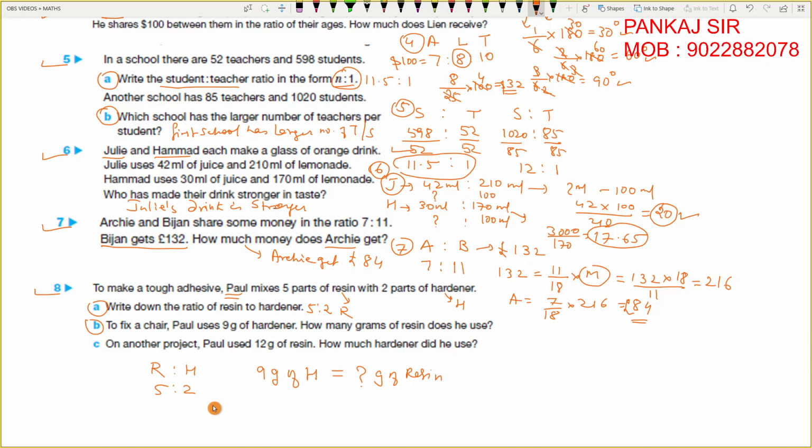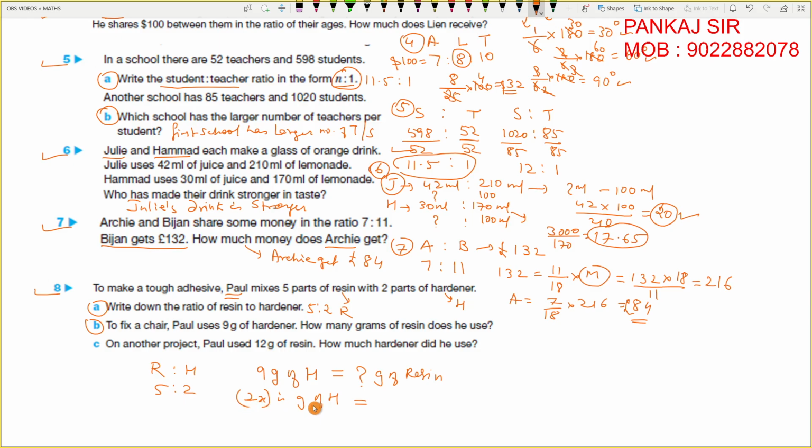Suppose you take the hardener as 2x. 2x is the grams of hardener. You are multiplying this 2 by some constant x.